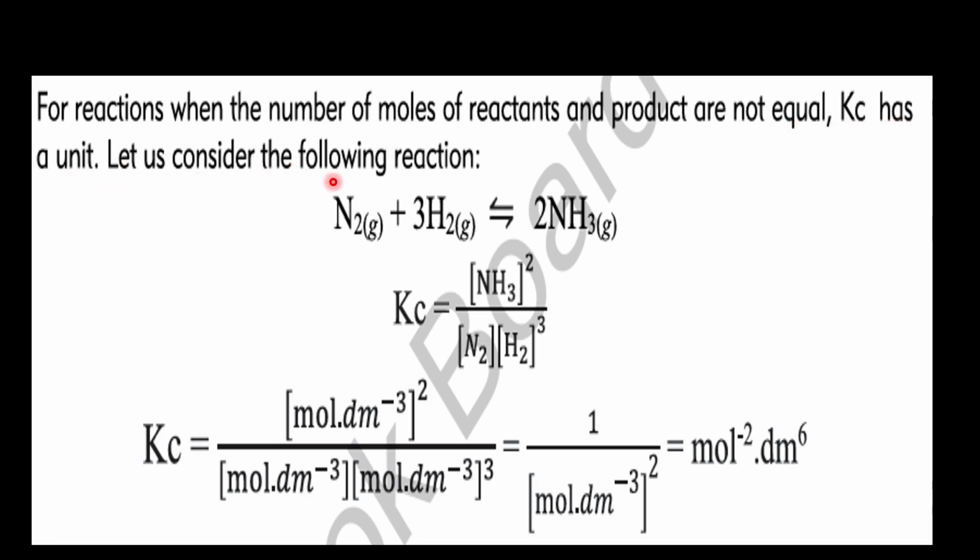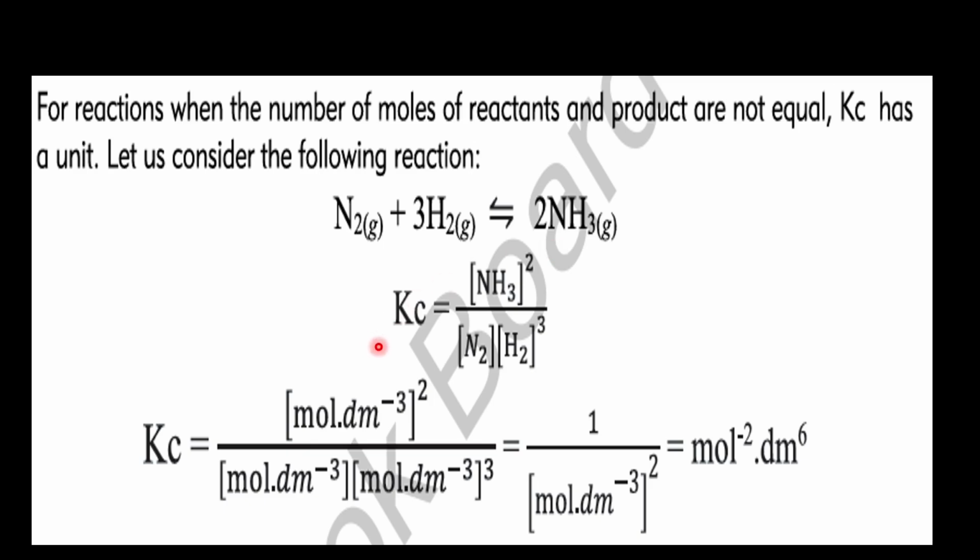Let's consider the following reaction: nitrogen reacts with hydrogen to give 2NH3. Now look over here, 1 mole and 3 moles, so reactants are 4 moles and products are 2 moles. Now Kc will have a unit.